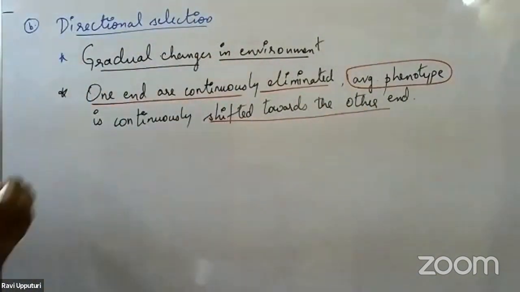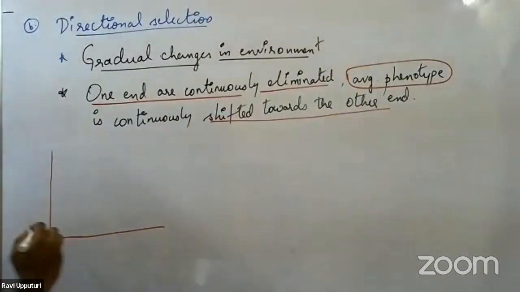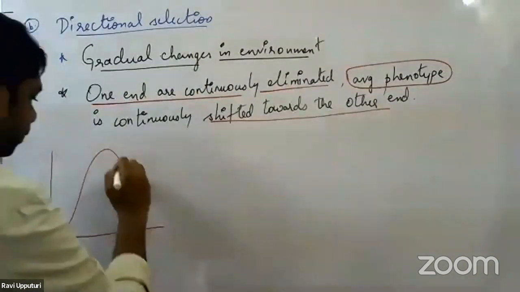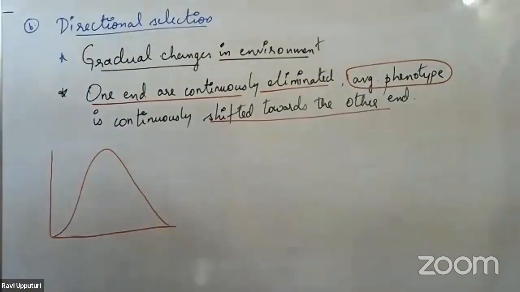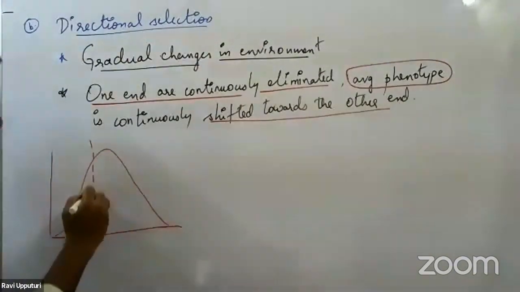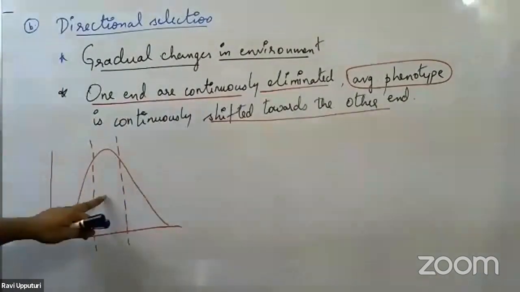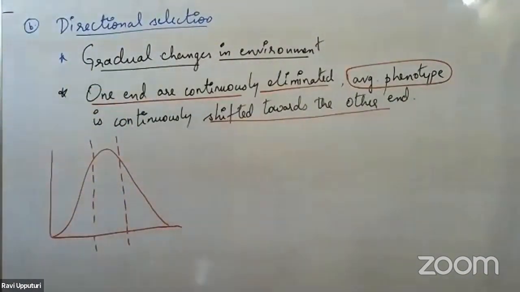Let us see what is happening here. This is the phenotypic distribution curve, what we have already seen in the previous session also. And I told you that the individuals present in this particular place are the ones possessing the average phenotype.